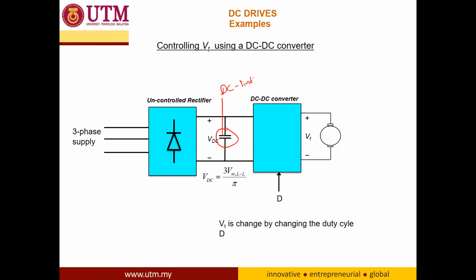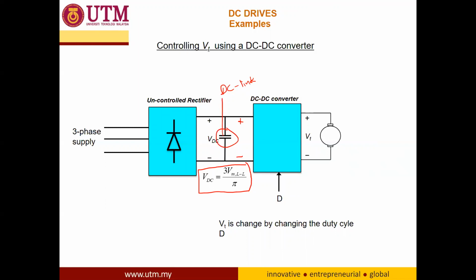This is to make sure that the input voltage for the DC-DC converter is a pure DC voltage. Based on the equation for the 3-phase rectifier, you can calculate your VDC, which is 3 multiplied by V maximum line to line over pi. This is for the uncontrolled rectifier.